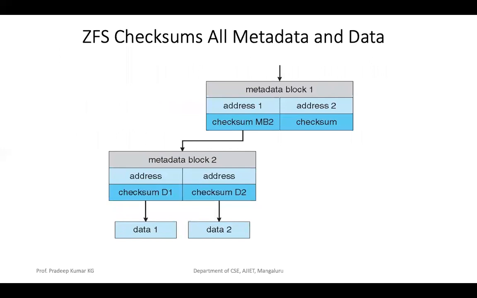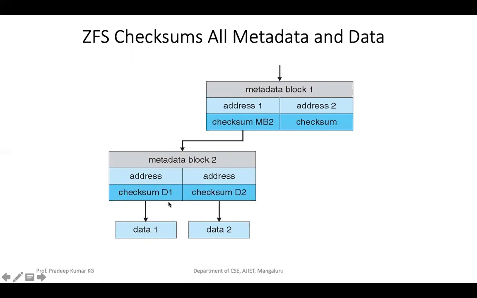So how it works, here you can see a depiction. We'll have a metadata block. Metadata block is nothing but a description about the data, what it has: address and checksum. Please start from the lower level. So we have individual data 1 and data 2. To maintain this data in our RAID, according to ZFS, it should have a checksum for D1, checksum for D2.